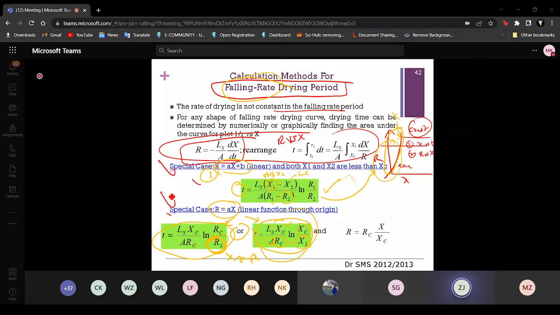So now for the falling rate, you have known about three methods. One is finding the area below the curve using the dx over r graph. Secondly, you have special cases whereby it is linear, or linear through the origin.